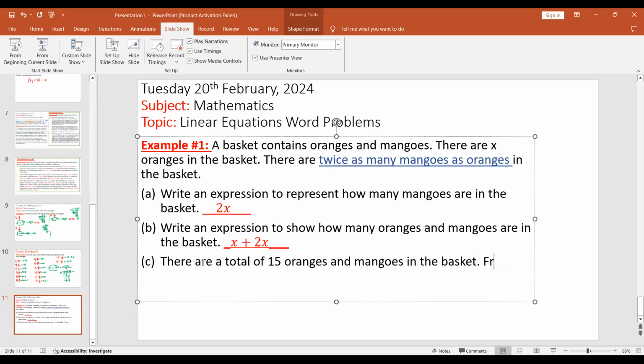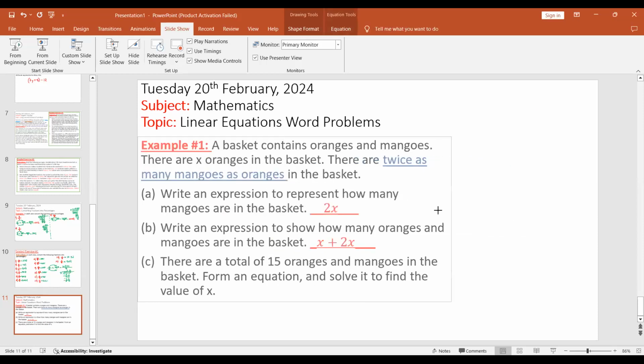Form an equation and solve it to find the value of x. Okay. So there are a total of 15 mangoes and oranges in the basket. Form an equation and solve it to find the value of x.